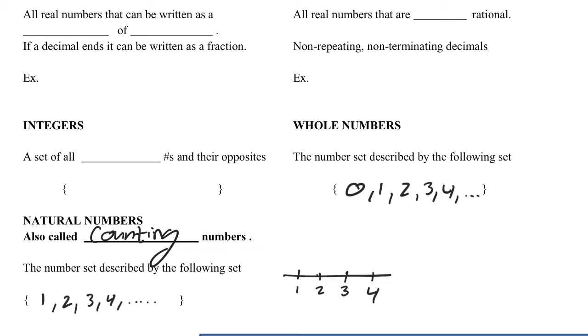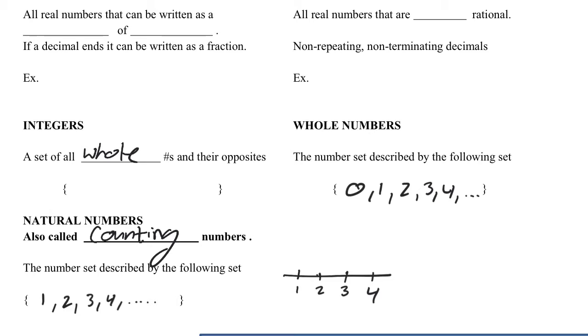Okay, next up, integers. We're going to be adding some numbers here to our building group of numbers. What we're going to add in with the integers is the opposites of our whole numbers. So it's the set of all of our whole numbers and their opposites. What's the opposite of 1? -1.